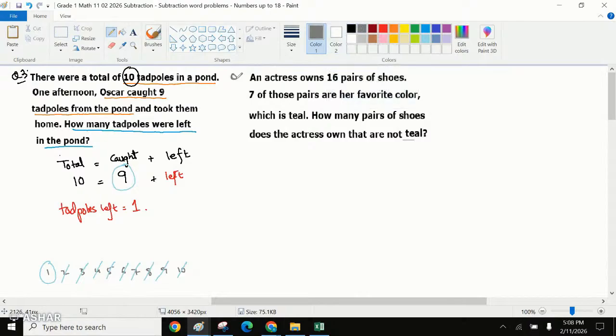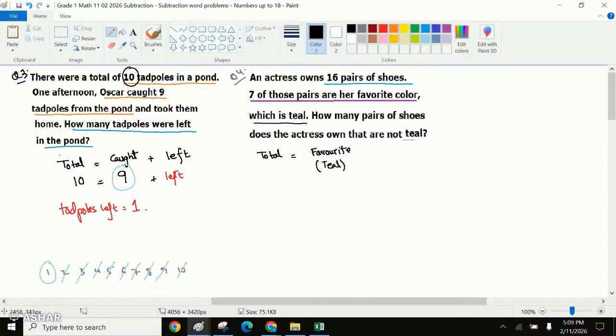So if we say question number 4, an actress has 16 pairs of shoes. Out of those 16 pairs, 7 of those pairs are her favorite color. So can we say total shoes would be, some would be favorite? Favorite color is teal.